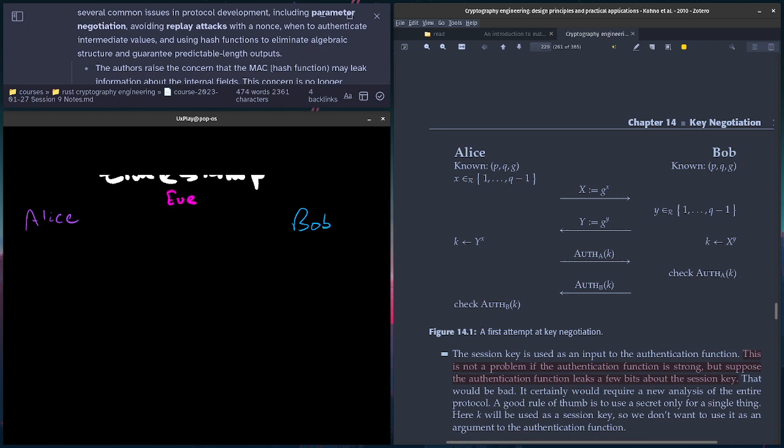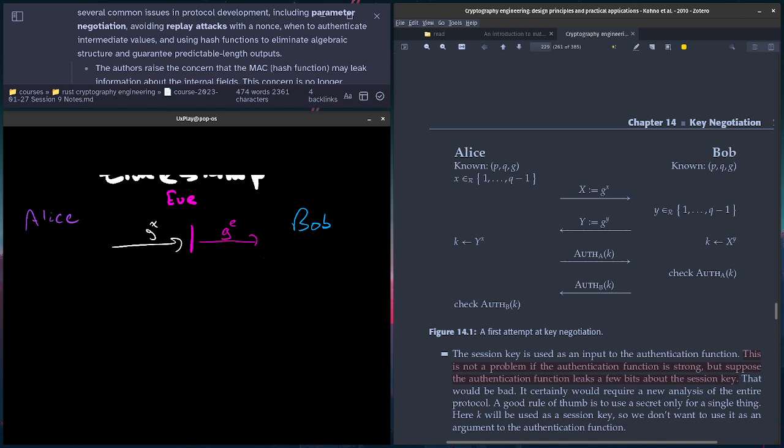So Alice sends her public key to Bob, G to the A, I think was what we said. Oh, I guess it uses X, we'll stick with their convention. So Alice sends G to the X. Eve may already intercept this and say, I'm going to send G to the E, which is E's secret key. So there's nothing that Bob can do to know whether he's receiving a unique connection from Alice or from Eve.